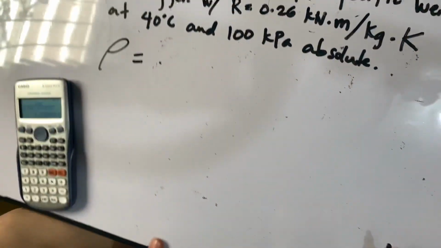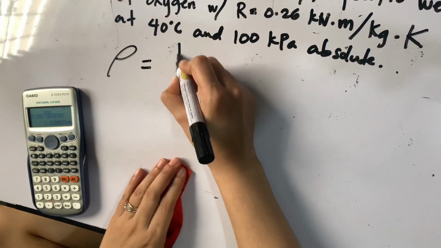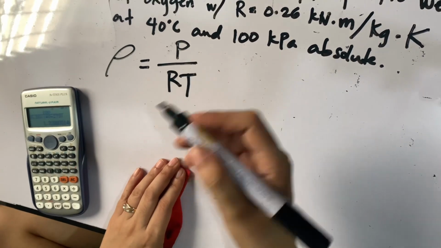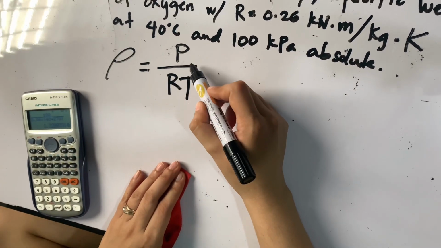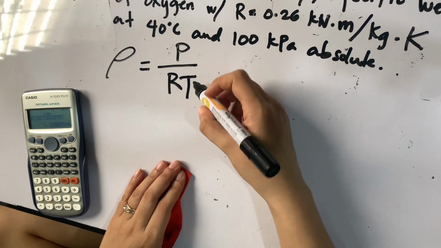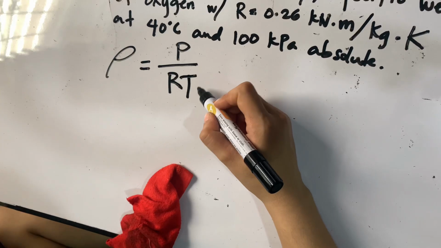To find the density, we will use the formula P over RT, where P is the absolute pressure, R is the gas constant, and T is the absolute temperature.